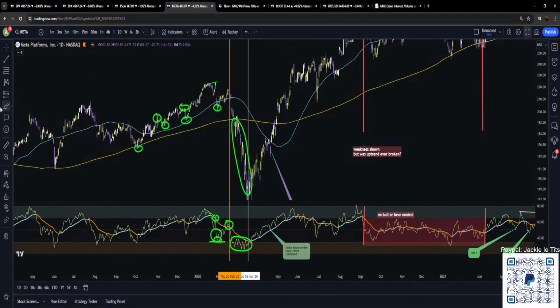But when we saw this, where it rejected the EMA, rejected the center line and slipped back underneath it after the RSI had already spent time underneath the center line, this bit of weakness that you began to see between these two highs, because this was your first lower high and a rejection of the EMA and a rejection of the center after you already lost the bullish control zone and lost the center line.